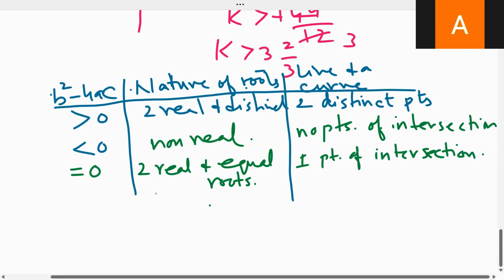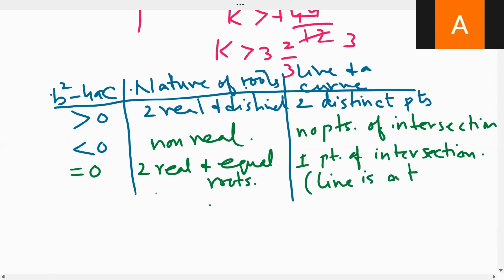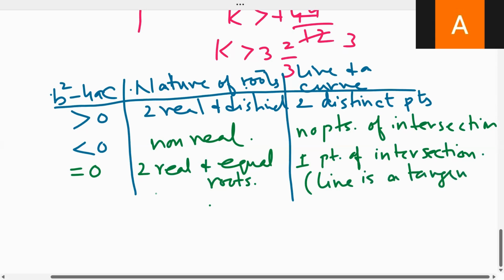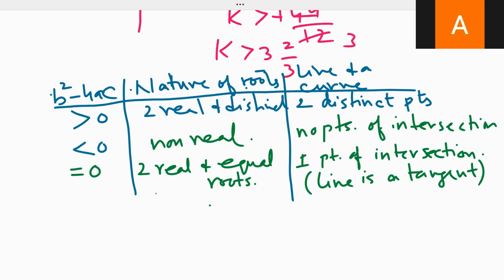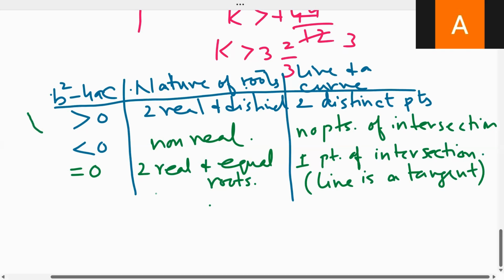When the line intersects the curve at one point, the line is called a tangent to the curve. So this is basically the condition for a line to be tangent to the curve. Or you can show it like this: for the discriminant greater than 0, the shape of intersection will be like this, they will meet at two points.